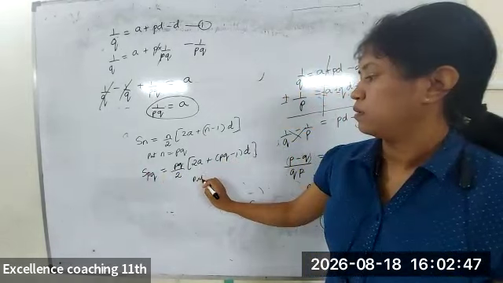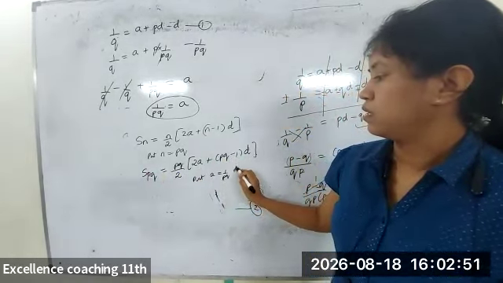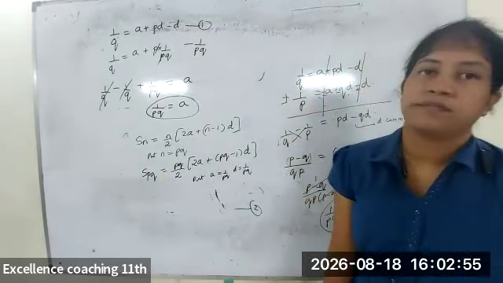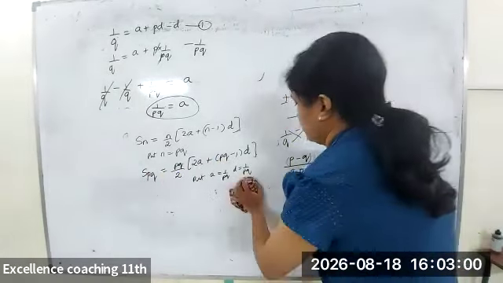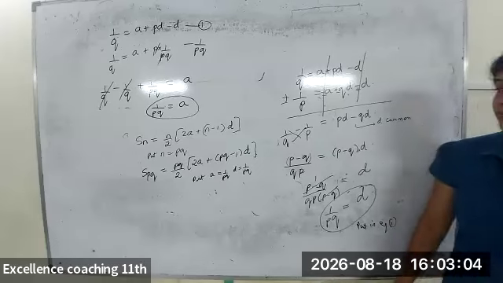Now put the values of a and d. A and d you already calculated, put them in. And now open up the brackets. At the end, you should get the same.